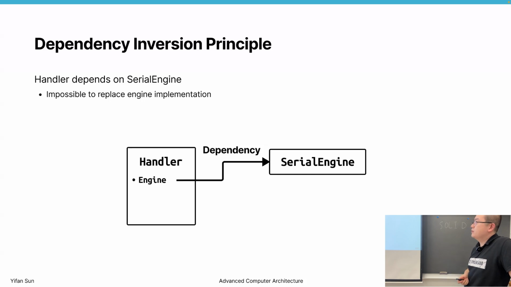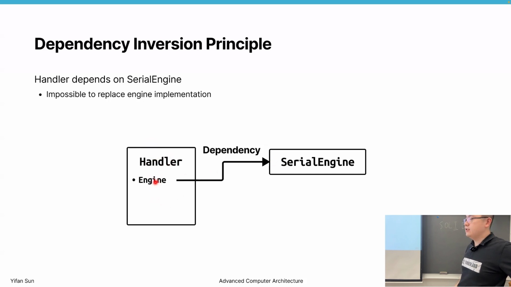Dependency inversion principle describes this behavior. If you want to make the program really simple, you say, oh, I have a handler, right? Let's say internally we may need an engine. Actually, the requirement of needing an engine violates the I principle, but let's not talk about that here. So here we have an engine, right? It's a field that belongs to the handler.